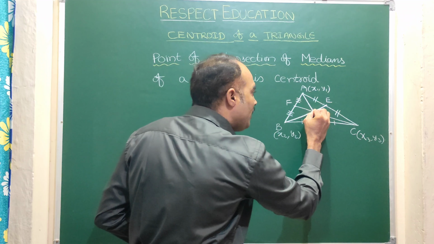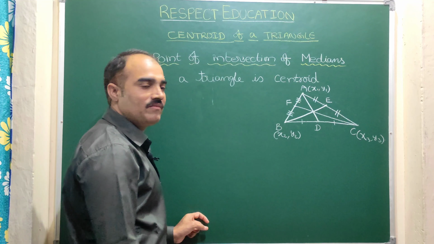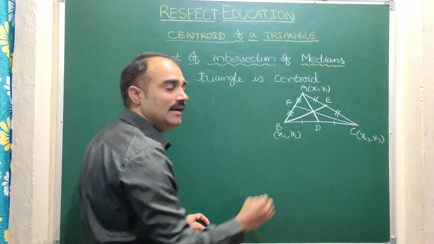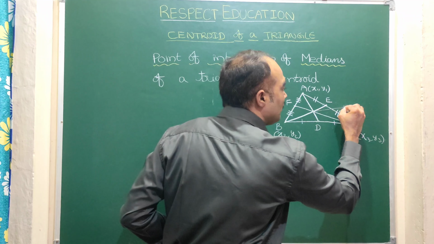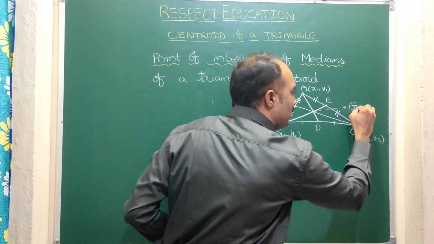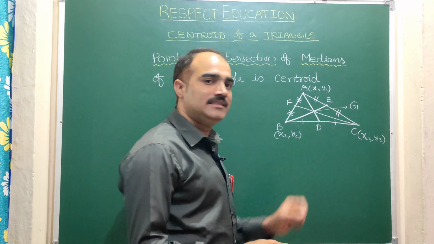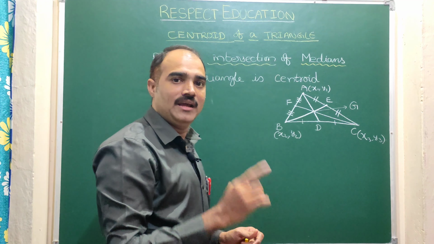So this point is nothing but the centroid of this triangle ABC. This point is called the centroid of triangle ABC. That is denoted by the capital letter G. So here G is the centroid of the triangle ABC, right?